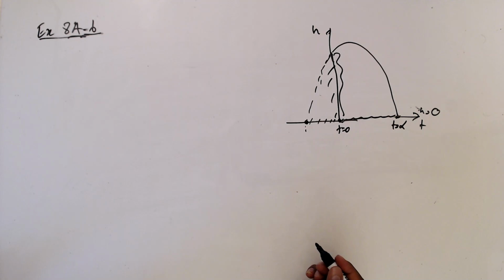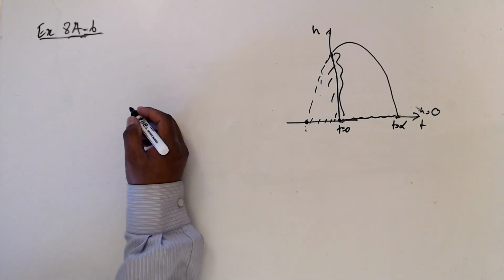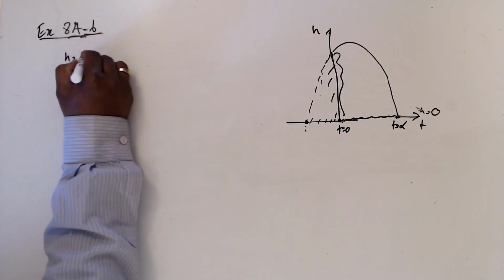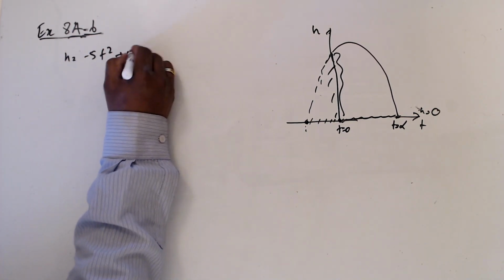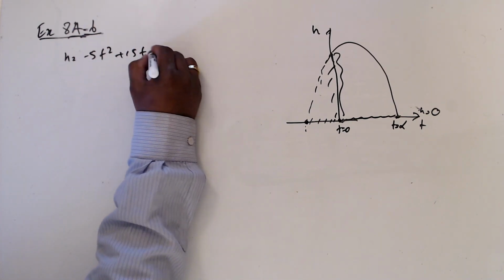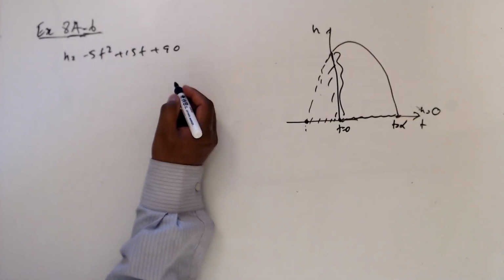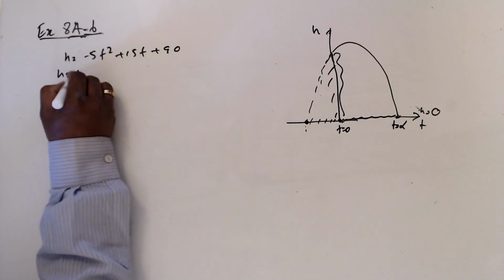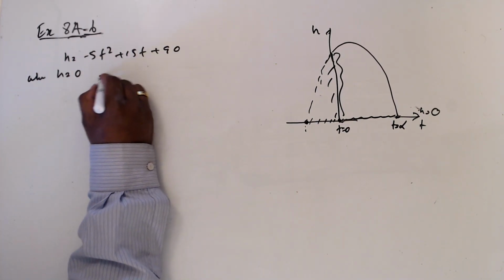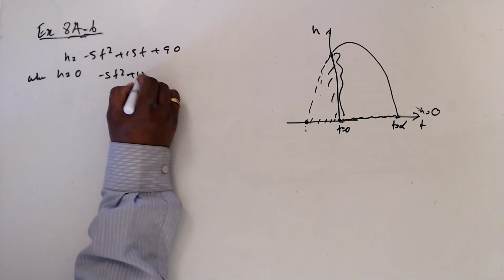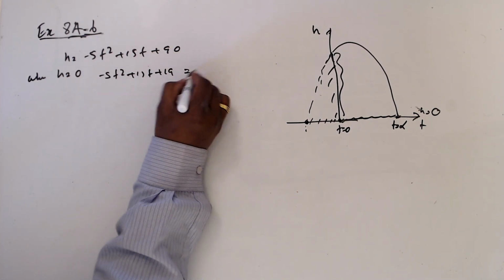The equation is h equals minus 5t square plus 15t plus 90, and when h equals 0, this is minus 5t square plus 15t plus 90 equals 0.